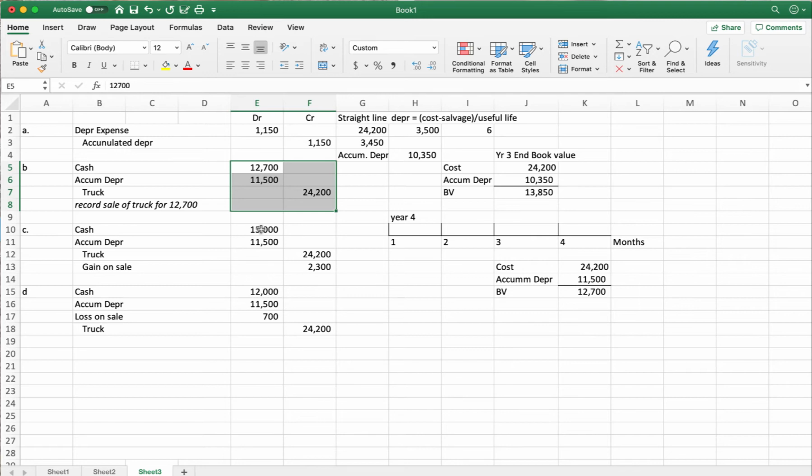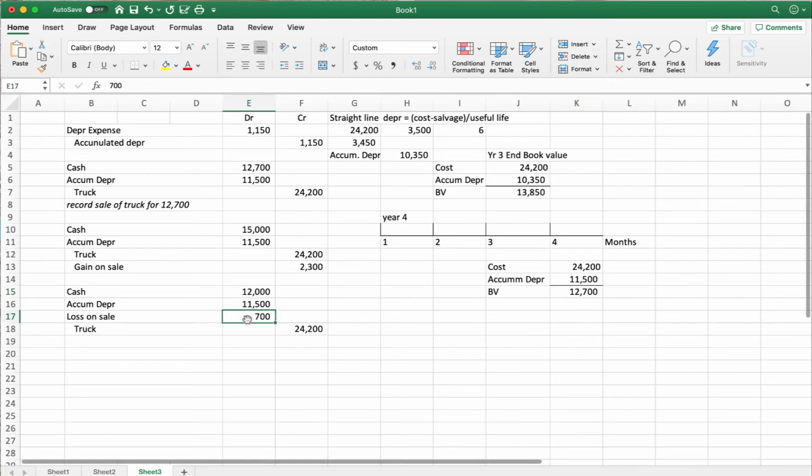I looked at it from the point of debits and credits don't equal. Okay. I must have a gain. I must have a loss, right? But to calculate that amount, we're just taking the proceeds minus that book value. Okay, that's how I got the $700. That's a loss. All right.